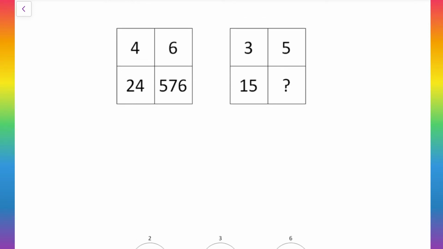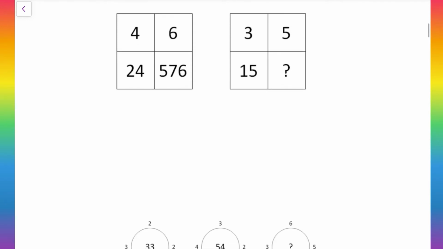Here the next question is 4, 6, 24, 576. The same way 3, 5, 15 and one more is missing. So if we observe the first one, 4 into 6, 4 sixes are 24, that number is 24 here. 24 square is 576.